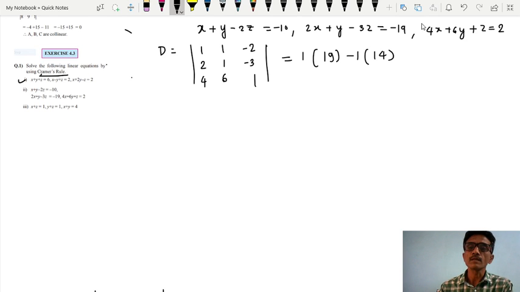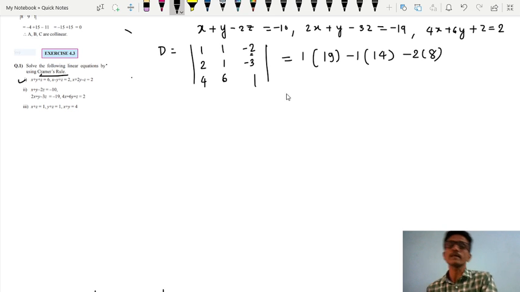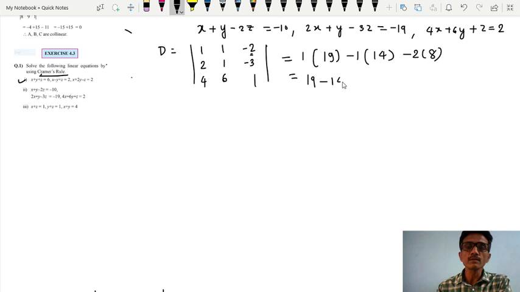And then minus 2 times, here the last element is what? Minus 2. So minus 2 times expansion of this determinant, that is 12 minus 4, it is 8. So what is this? 19, minus 14, and minus 16.